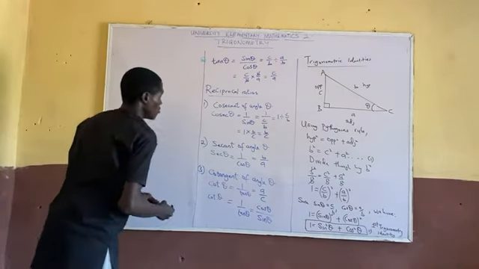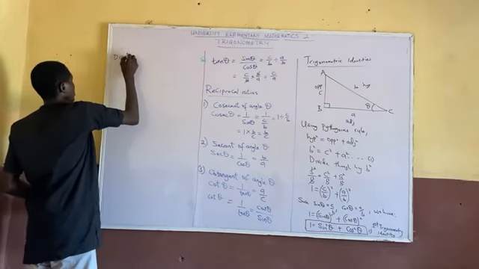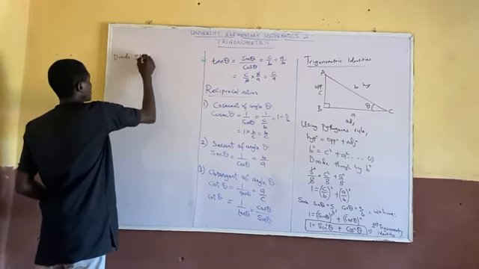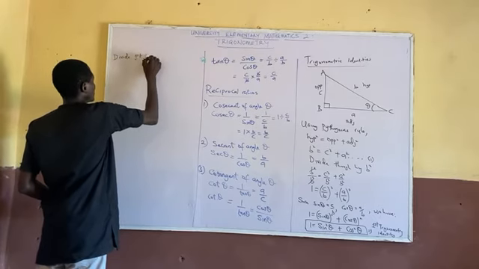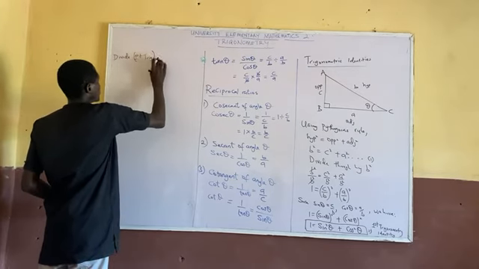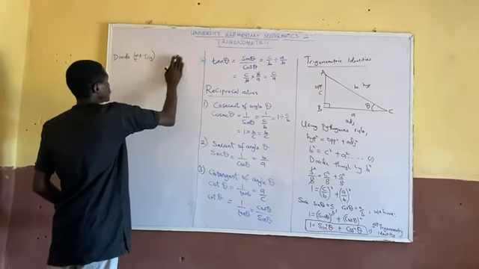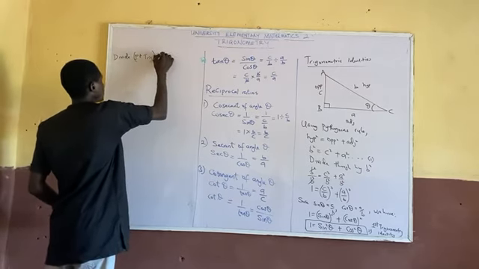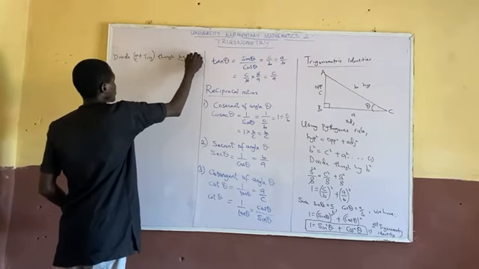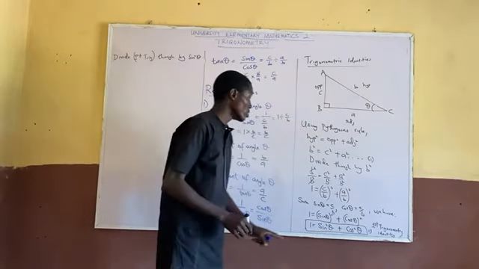From that place you can now decide to divide the first trig identity through by sine square theta.